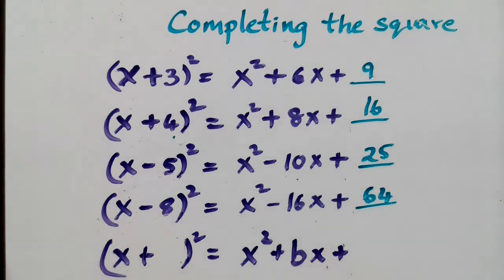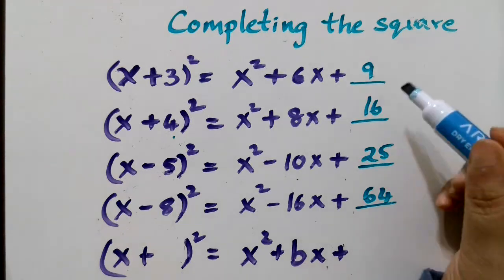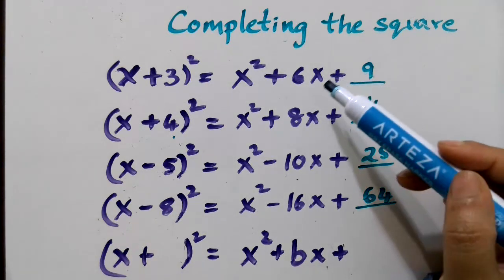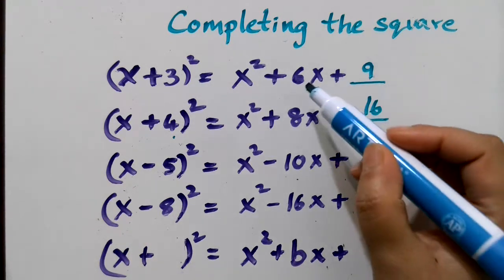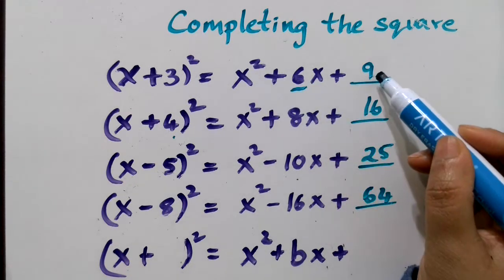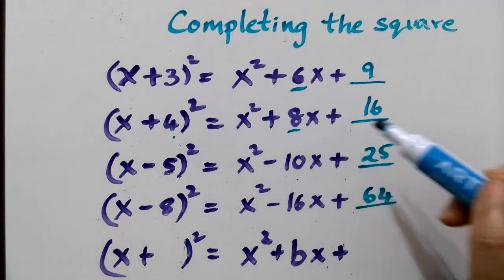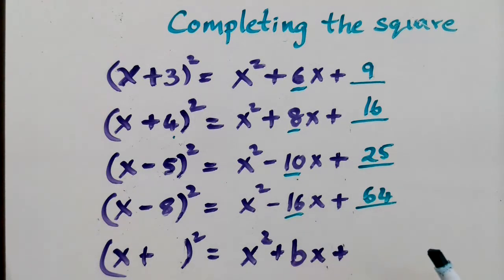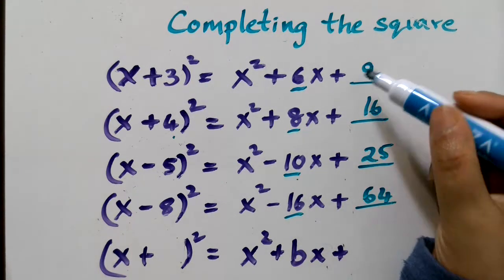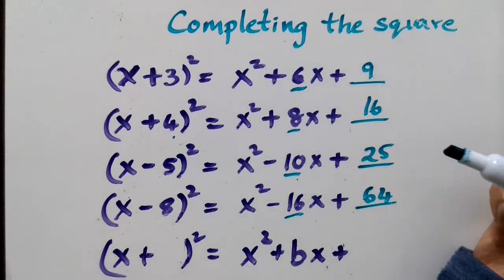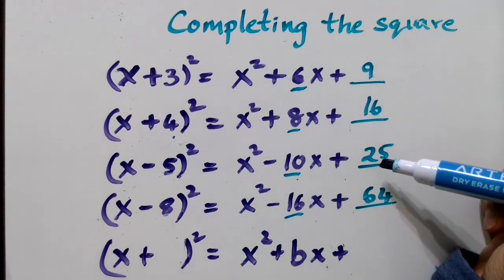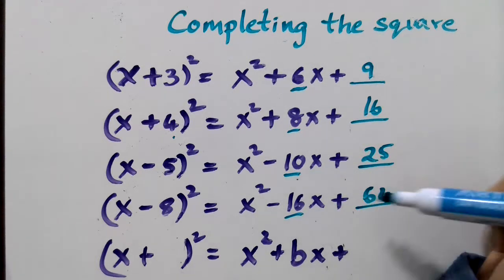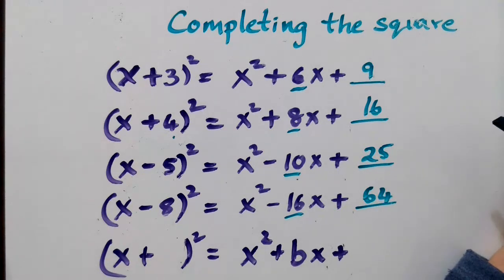Now before I go to this one, let me explain the relationship between the coefficient of x and the constant. I want you to take a close look at these numbers. You see 6 and 9, 8 and 16, negative 10 and 25, negative 16 and 64.